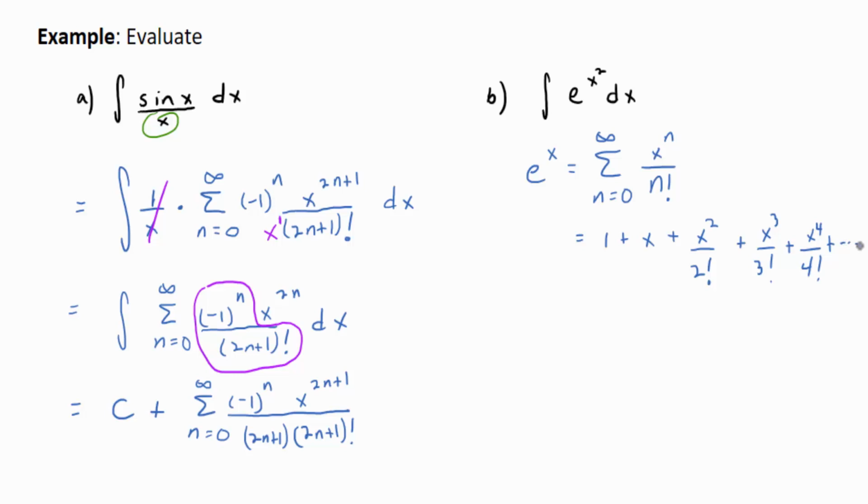Kind of looks like some weird combination of sine x and cosine x, doesn't it? Because it includes the even powers of x and the odd powers of x. And it is a combination of sine x and cosine x, except you have to use imaginary numbers to get it to match up.